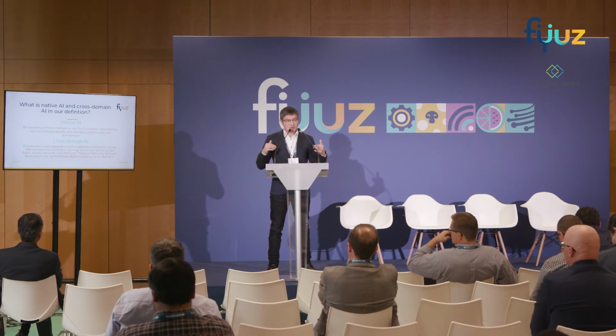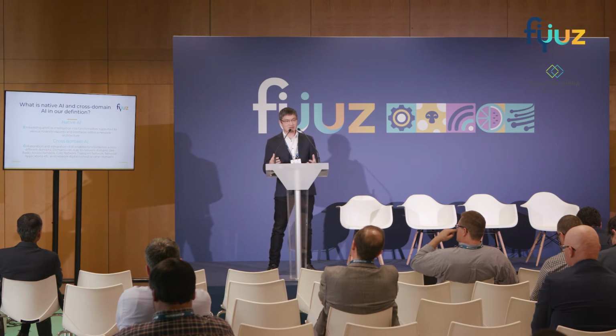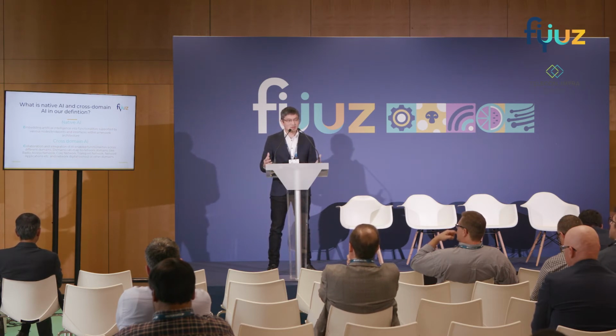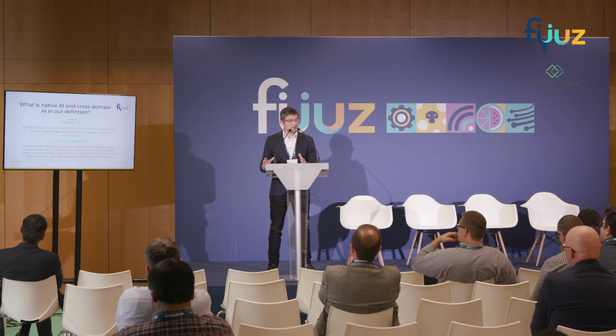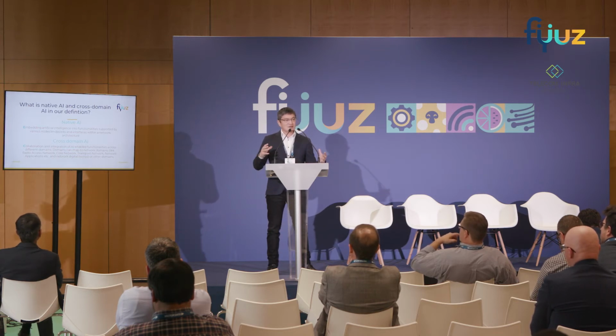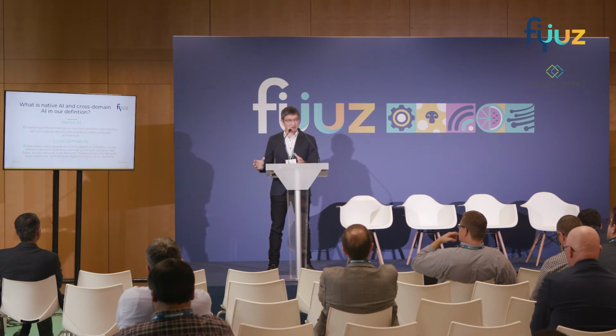For native AI and cross-domain AI, at this moment we have reached a certain consensus on the definition, but of course this definition may evolve. At least we think native AI is AI that supports the functionality in the network, where the network includes the functions and the nodes, and the endpoints and interfaces are all factors to support this AI, and also AI supporting the functions inside the network.